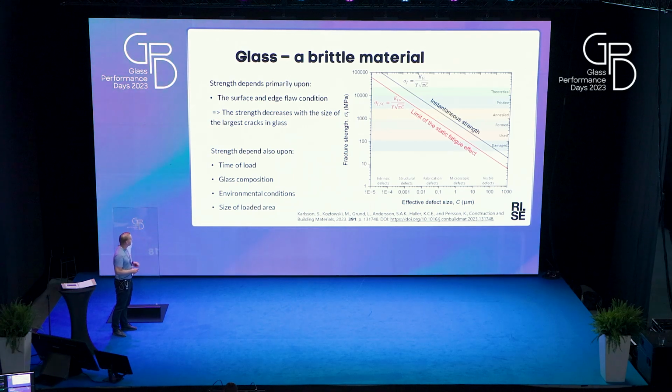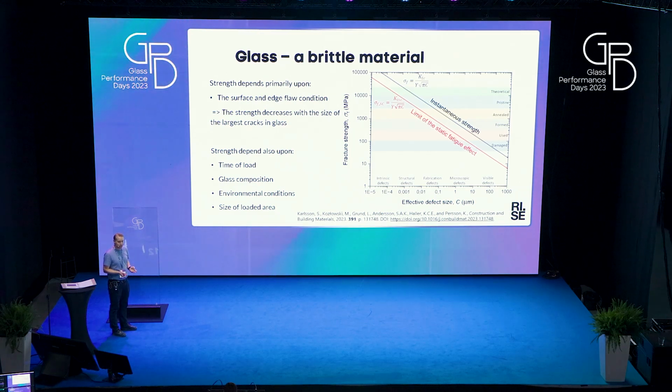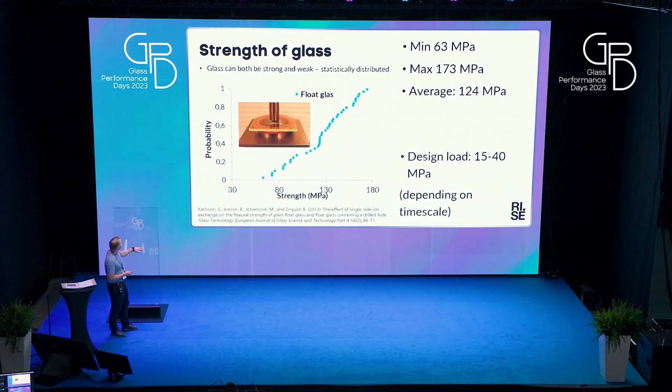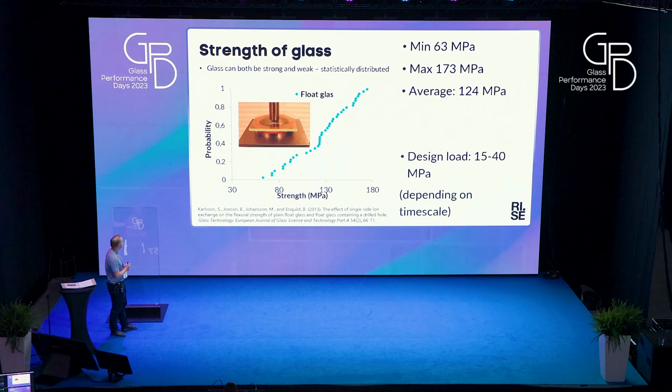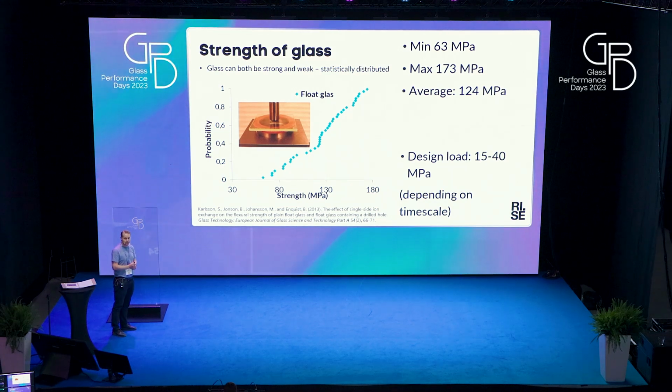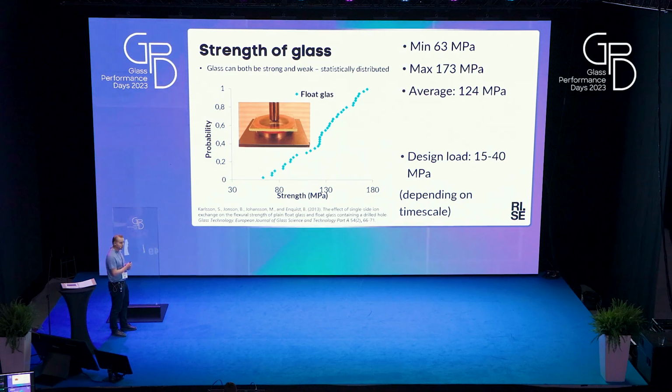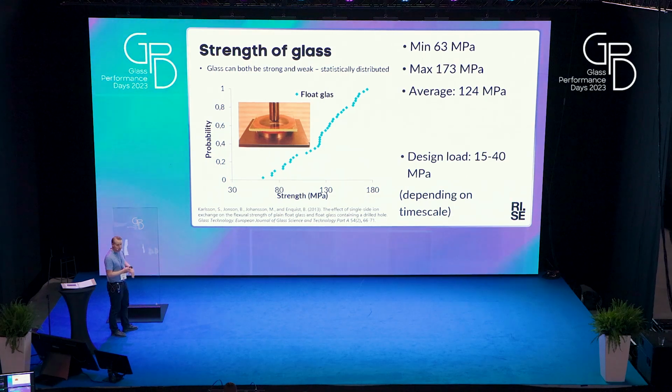But strength also depends on the time of load, the glass composition, the environmental conditions, and the size of the loaded area. And as you can see here, it's statistically distributed, so glass can be strong, but can also be weak. And we basically have to design for the weakest. And of course, that also depends on the time scale of the load. And there are standards for this, so you probably know this already.